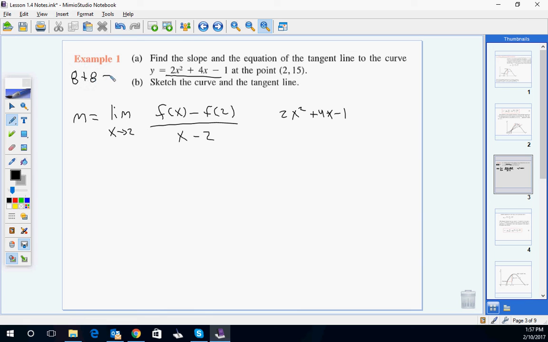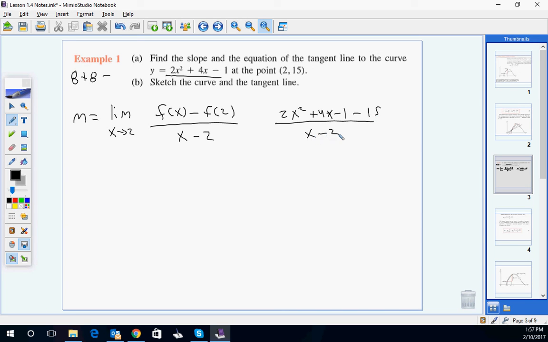So I get 15. Everybody see that? Okay. So I put plus 15. It's minus. It's minus f of 2. So minus 15. Okay, and my bottom stays the same.